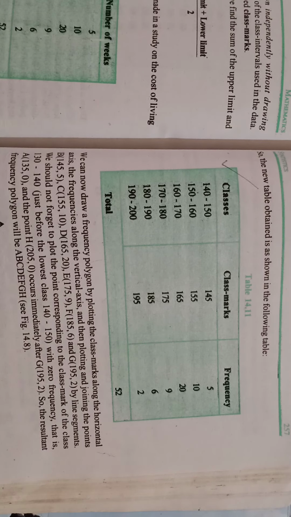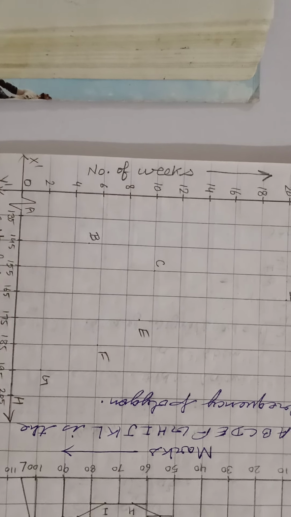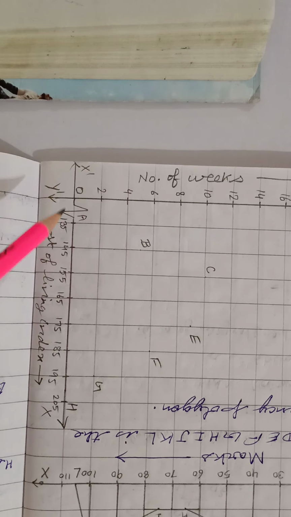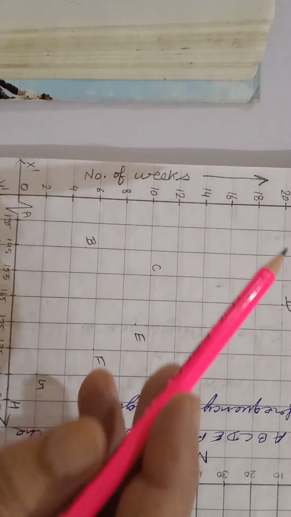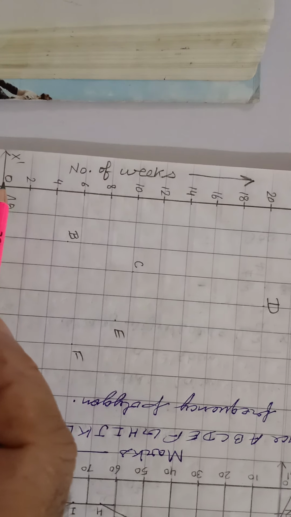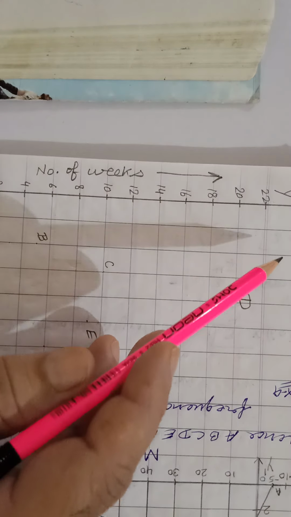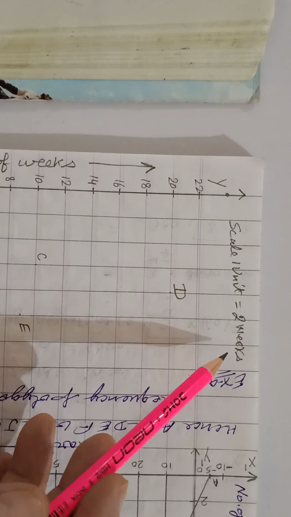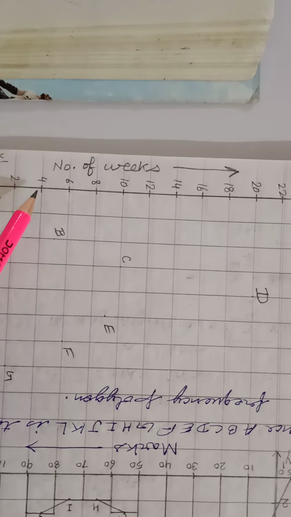Now we draw the frequency polygon. Draw the horizontal axis and vertical axis. The horizontal axis shows cost of living index and the vertical axis shows number of weeks. Take scale 1 unit equal to 2 weeks. So we write 0, 2, 4, 6, 8 and so on.